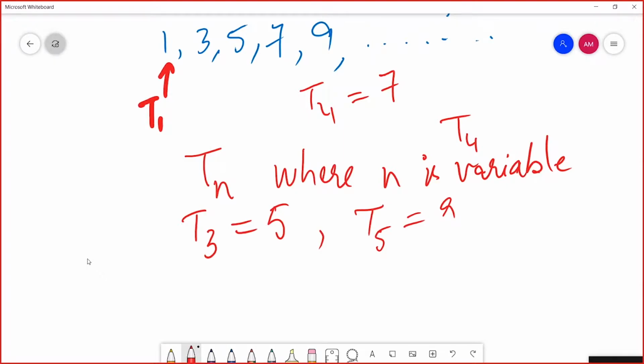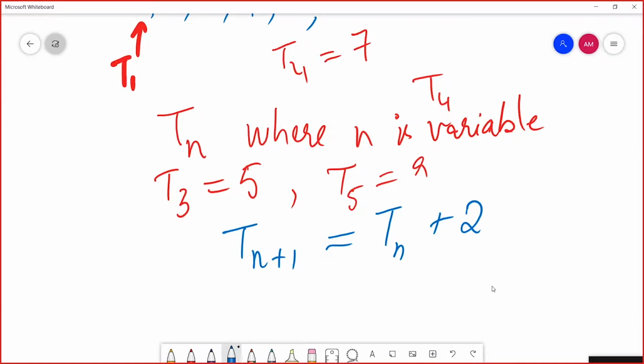Very nice, very nice. So we can write the rule like this. Tn plus 1, which is in subscript, is Tn plus 2. So it means we are saying that the next term is the previous term plus 2. Good?